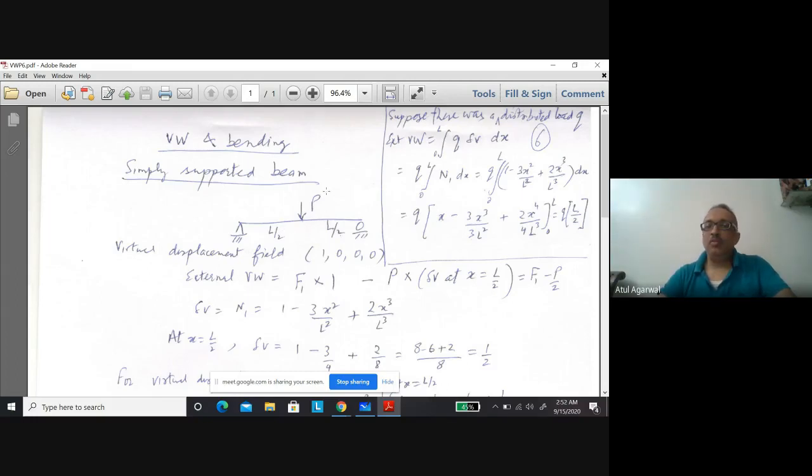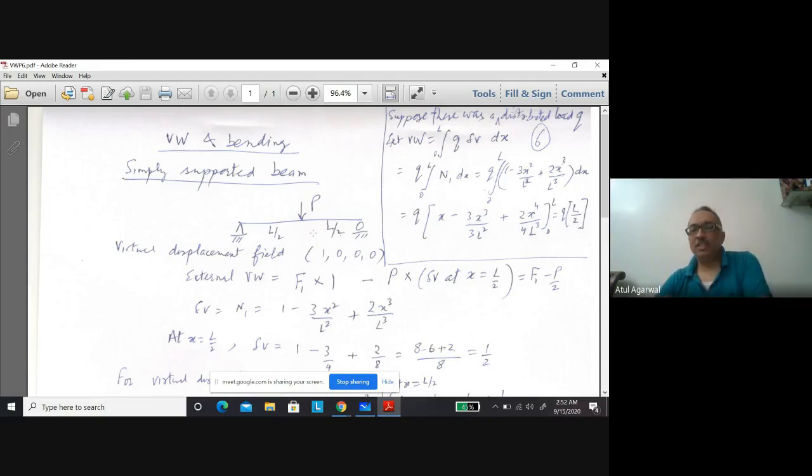And then force P multiplied by the virtual displacement at this middle position. Since P is downwards, in the opposite direction, there has to be a minus sign: P into the virtual displacement at x equal to L by 2.